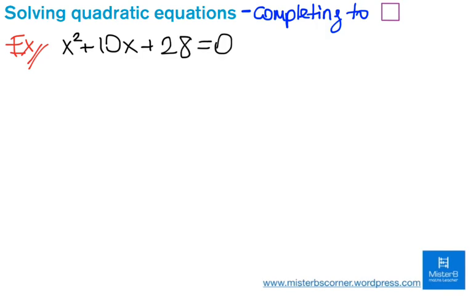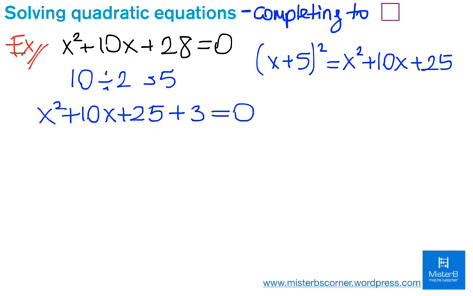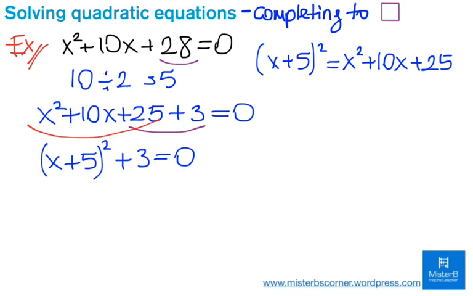Again, the same things, so it's 10 divided by 2, it's going to be 5, so it's going to be x plus 5 squared, which is x squared plus 10x plus 25, and x squared plus 10x plus 25 plus 3 gives me 28, right? And this bit I can write as x plus 5 squared, so I will have plus 3 remaining here.